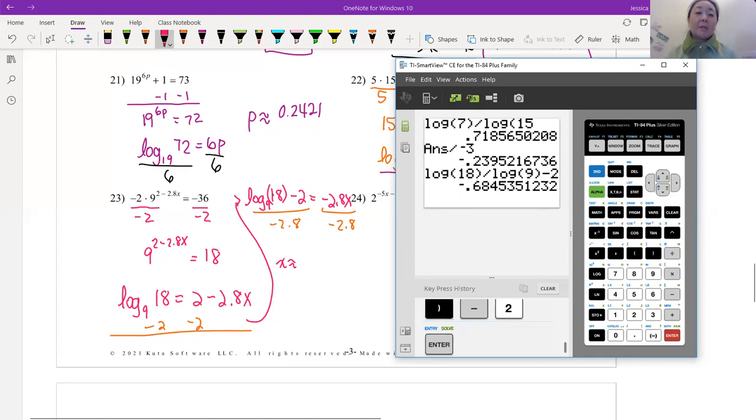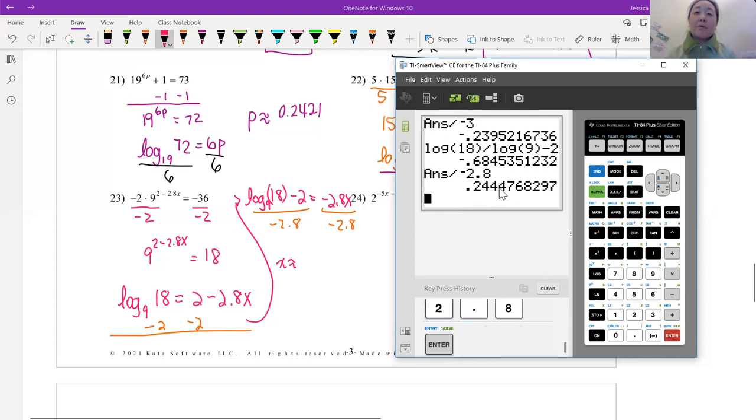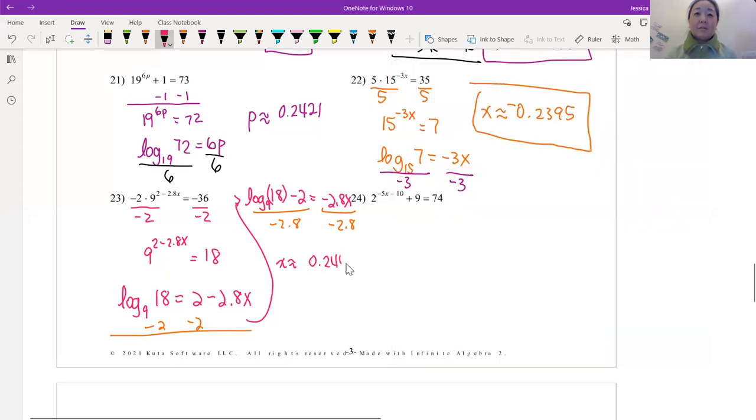Remember it's the big number first, and then we do the log of 9. And then once we have that number, I'm going to divide that by -2.8, so -2.8. And you get positive 2.445. All right, and so that's what that would be about.